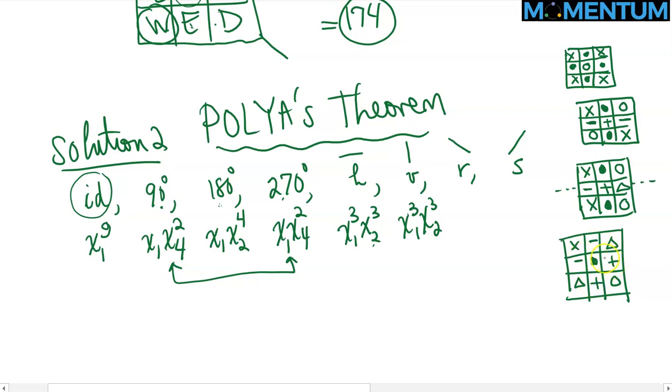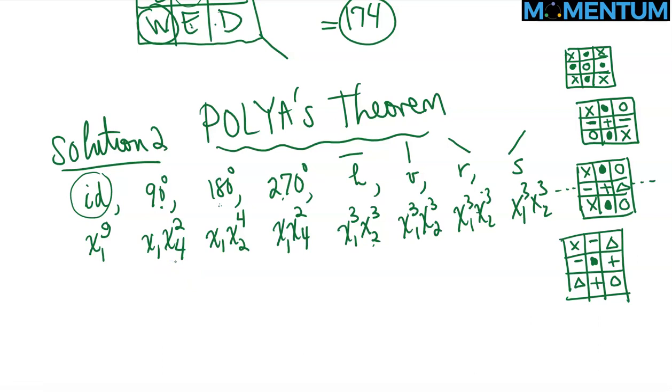So we have again 3 cycles of length 2 and 3 cycles of length 1. And the same here as well for the other diagonal. All right, so once we have these symmetries, we understand the cycles in terms of their lengths.